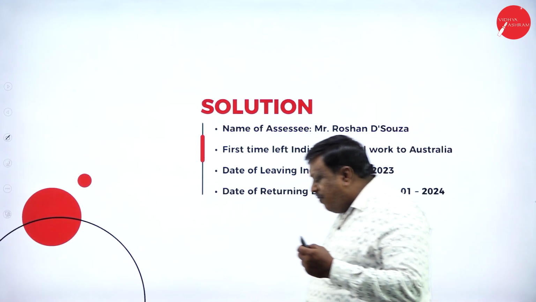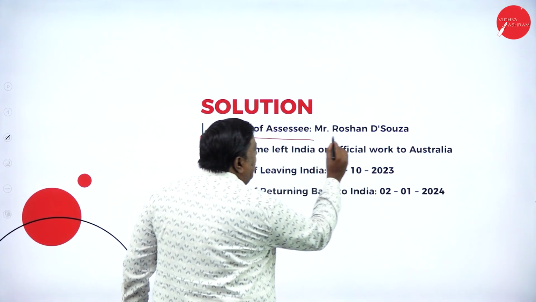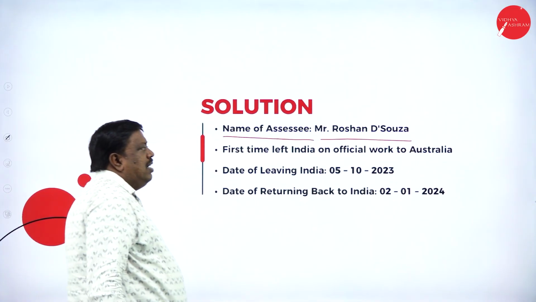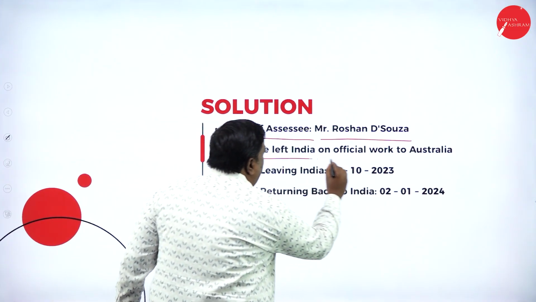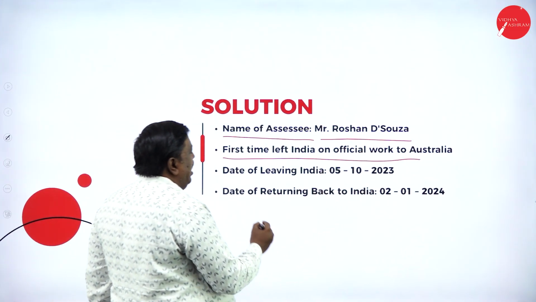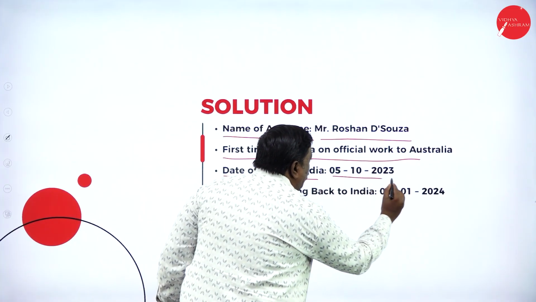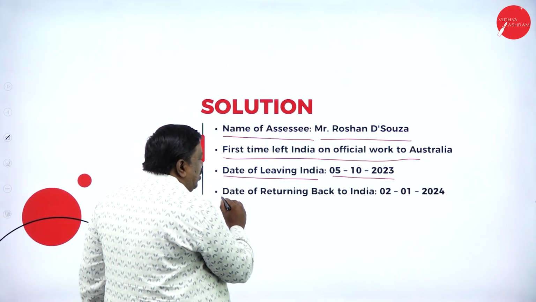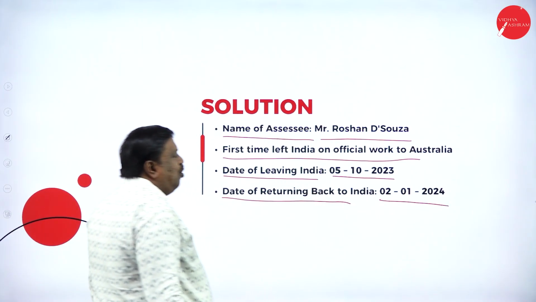So the given information: the name of the assessee, Mr. Roshan D'Souza. First time he left India on official work to Australia. Date of leaving India, 5th October 2023. Date of returning back to India, 2nd January 2024.